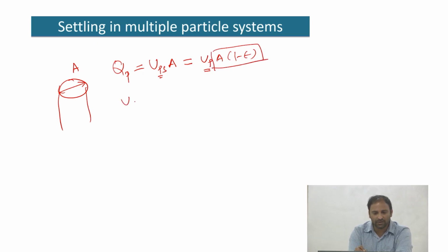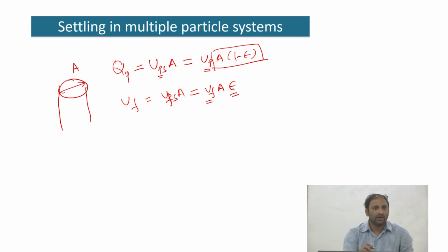Now similarly for the fluid, it's U fluid superficial times A, and that should be equal to U of F into A times epsilon, because epsilon is the liquid fraction. So in any fluid particle system, if you consider the entire cross-sectional area in the calculation of your velocities, that is what is called a superficial velocity.